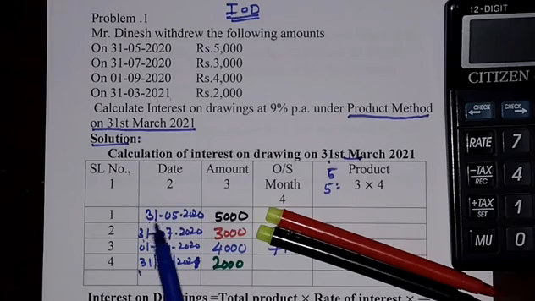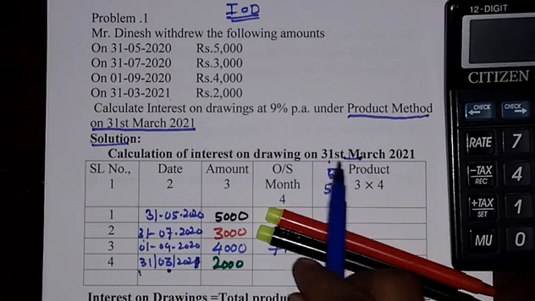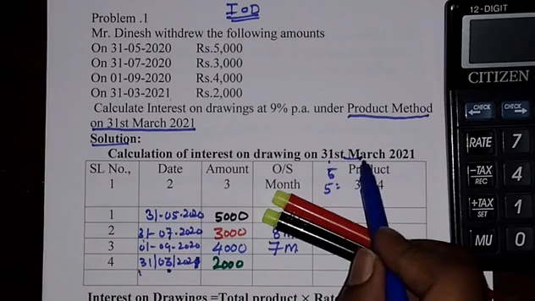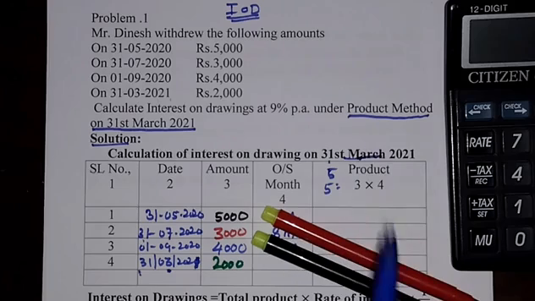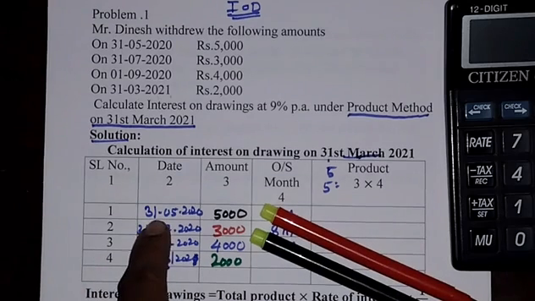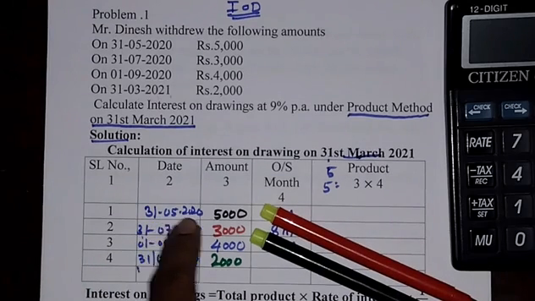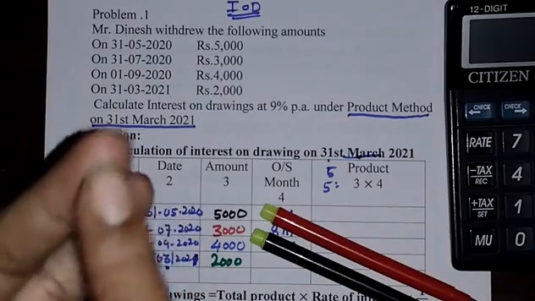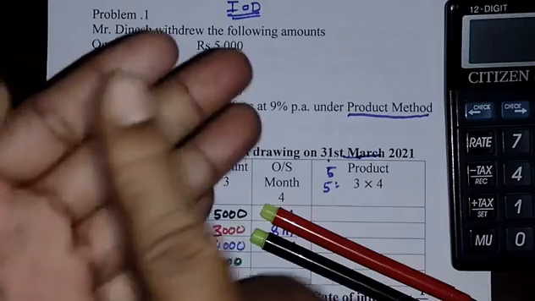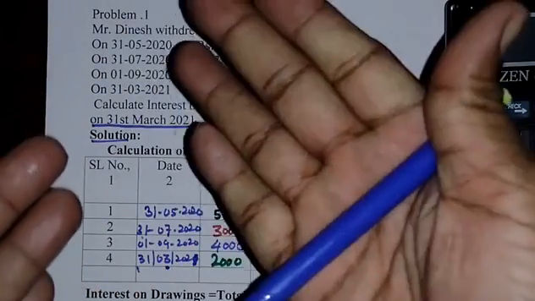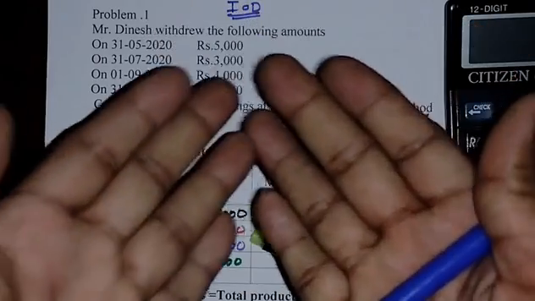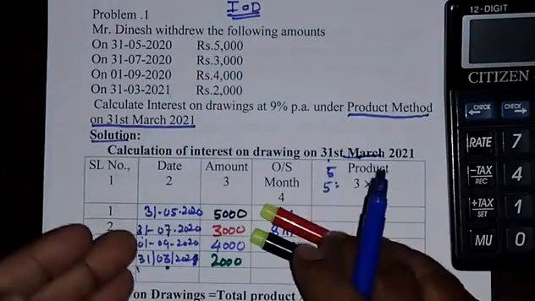Now, from 31/5/2020 up to 31st March 2021, we have to find how many months are left over. Therefore, I should count from when May is over: June, July, August, September, October, November, December, January, February, March. Overall, we get 10 months for the first case.